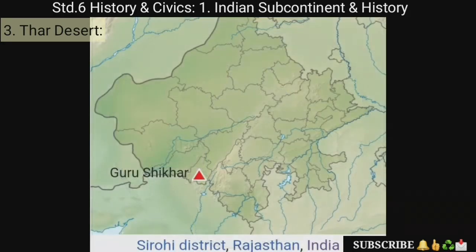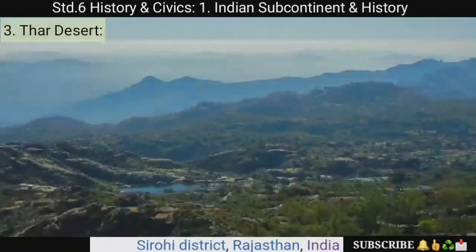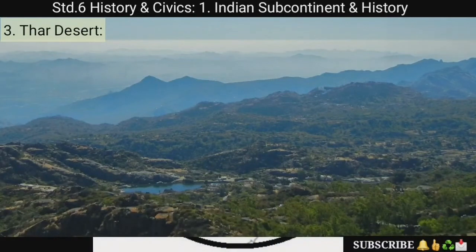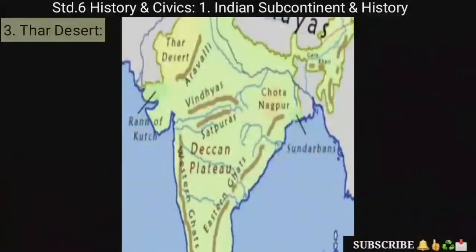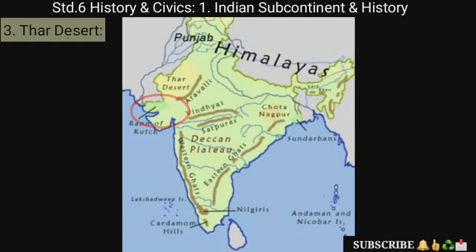The highest peak is Guru Shikhar at 1722 meters. The Rann of Kutch is to its south and the Indus, that is Sindhu river, to its west.